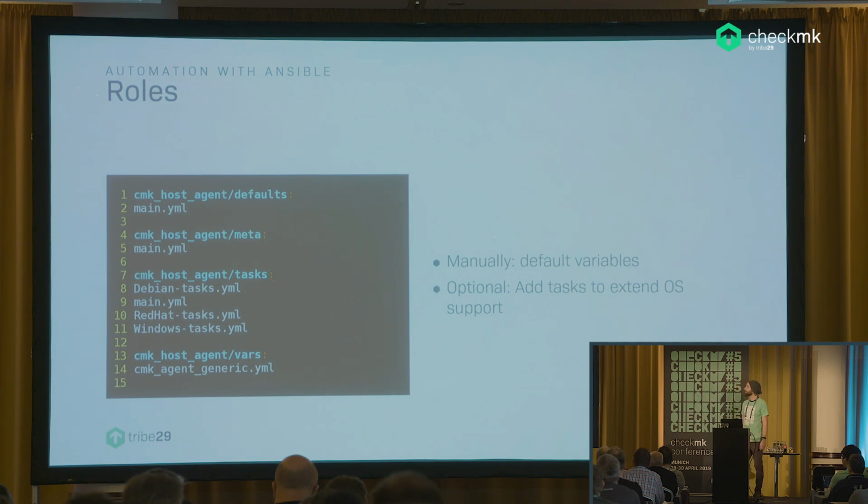In this case, we're dynamically accessing the tasks based on the operating system, in this case RPM. Later on, adding new ones is not that difficult anymore because we just have to create a new YAML for Solaris or whatever.